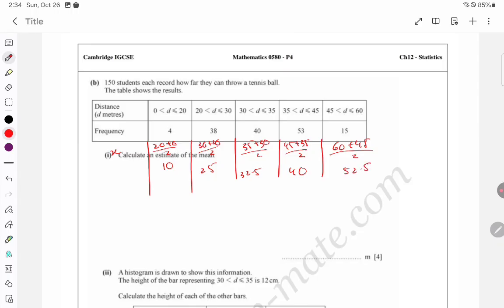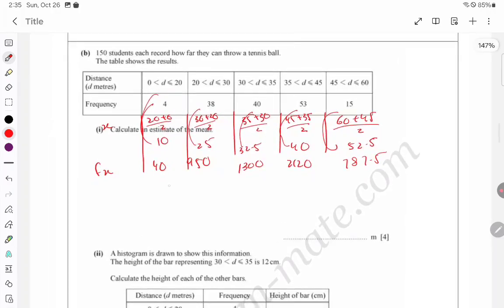Now if you talk about fx, 10 into 14, 140, 25 into 38, 950, 32.5 into 40, 1300, 40 into 53, 2120, 52.5 into 15, 787.5.